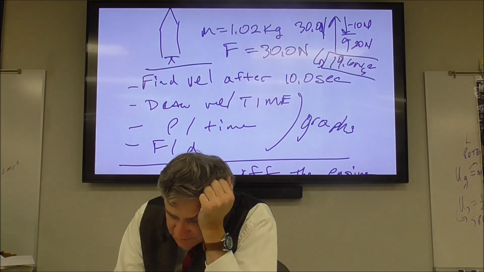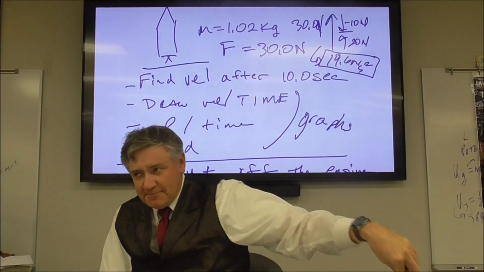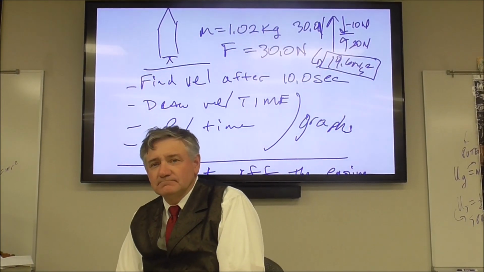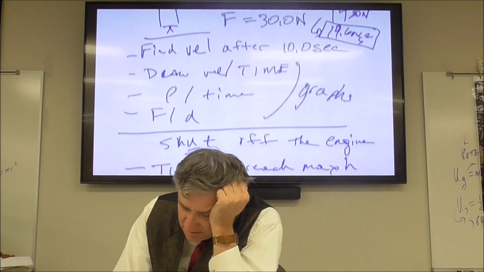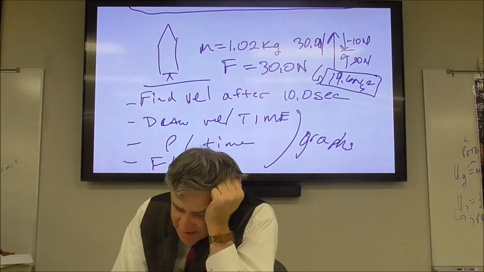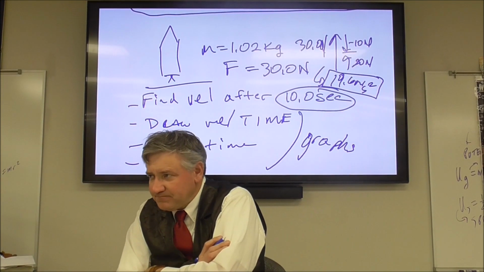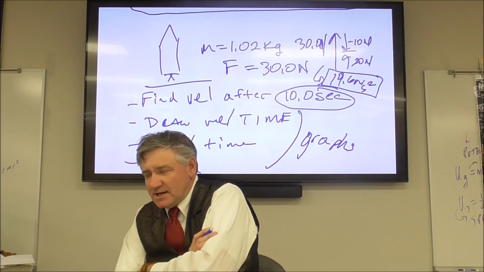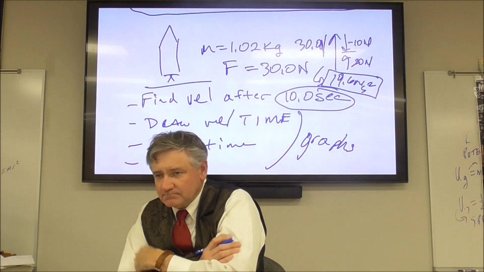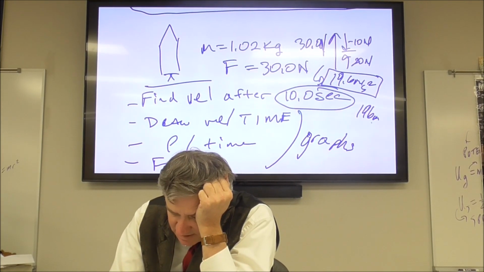How does that fit in with your velocity time graph? That's the slope of your velocity time graph. So at the end of 10 seconds, if we have an acceleration of 19.6 meters per second squared, assuming that the rocket is starting from rest, it is going 196 meters per second.